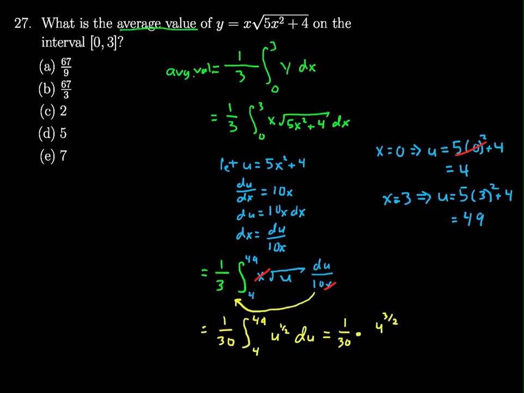Let me clean that up a little bit. U to the 3/2 divided by 3/2. So that's the same as multiplied by 2/3. So 2u to the 3/2 over 3. I'm going to evaluate that from 4 to 49.